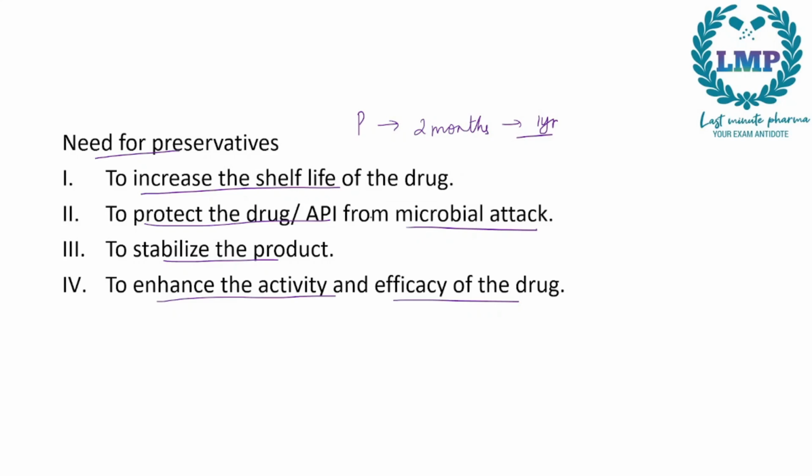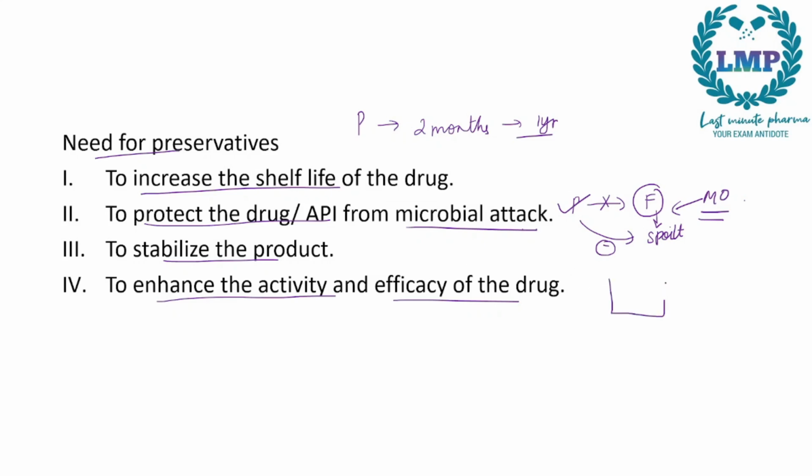Next is to protect the drug or API from microbial attack. If we do not add preservatives, the formulation will get spoiled due to microorganisms. So, we should be adding a preservative to inhibit the spoilage of the formulation due to microorganisms. Next is to stabilize the product. Some of the products are not stable in their original conditions.